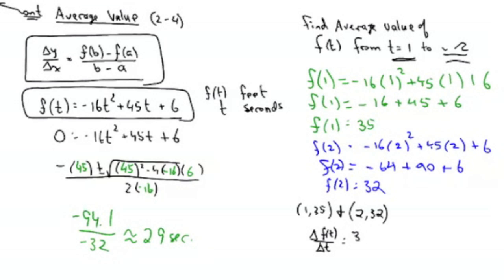You just do 35 minus 32. Make sure you don't change the order. 1 minus 2. So the top is 3, the bottom is negative 1. So this is saying that it's dropping at 3 feet per second. Yes. It's dropping at negative 3 feet per second on average between those 2 times.